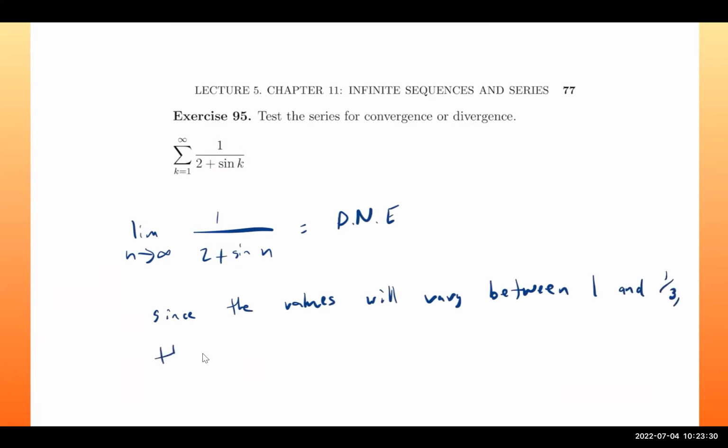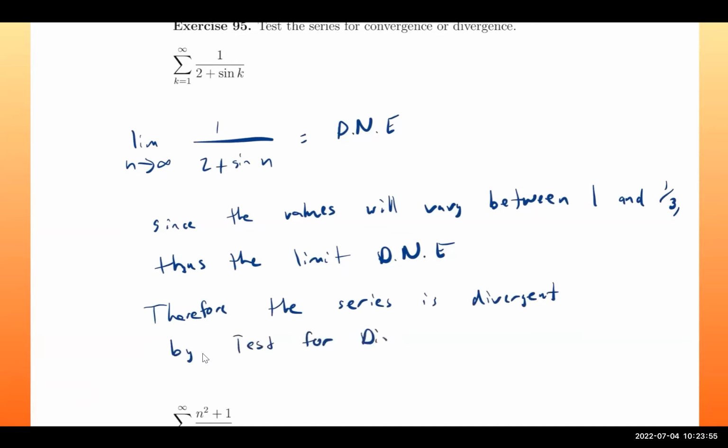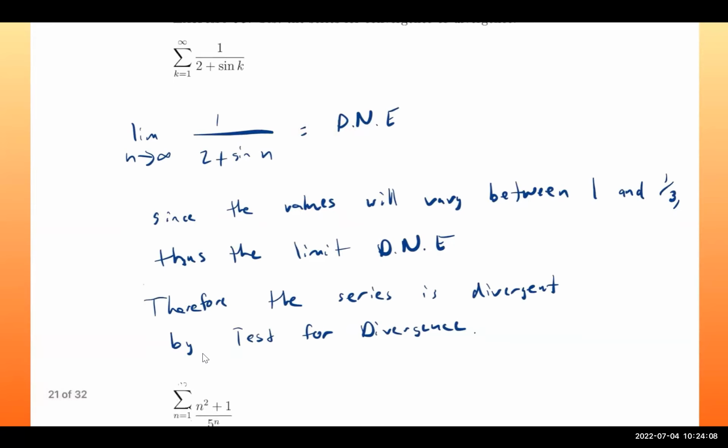Thus, the limit does not exist. Therefore, the series is divergent by the test for divergence. So if you recall, the test for divergence says that if the limit does not equal 0, then it's divergent. So that's what the test for divergence tells us.